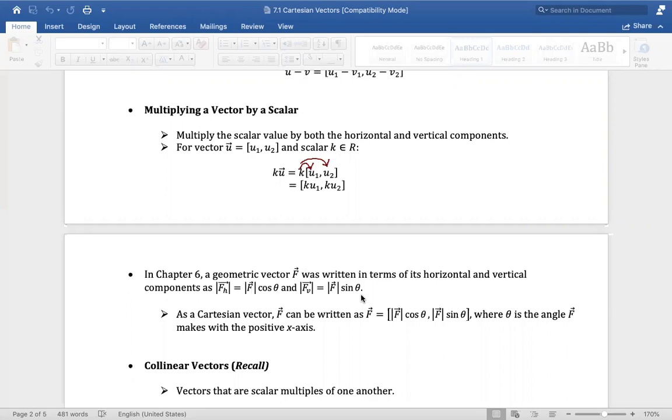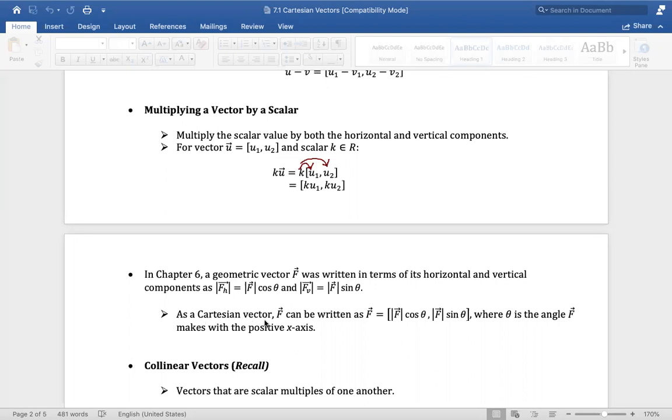Again, theta is the angle your vector makes with the positive x-axis, if you want to write that down. We always start with the positive x-axis and move in a counterclockwise direction.